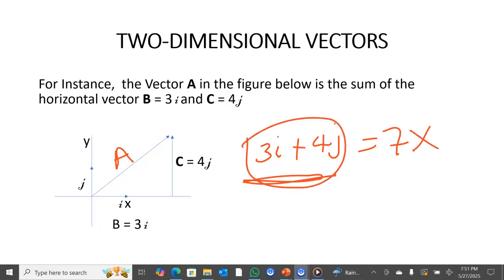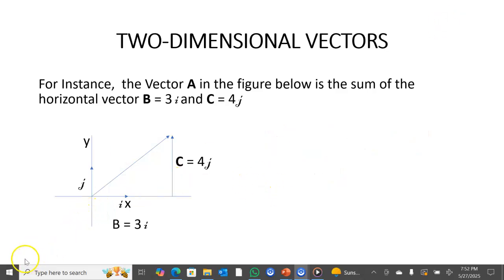Because this one is telling us 3i is on the x-axis, and 4j on the y-axis. So these are the coordinates of the locations on the dimensional vectors. That's how that is being defined. Hope that explains it better for you. Remember, the x-axis is the i, the y-axis is the j.